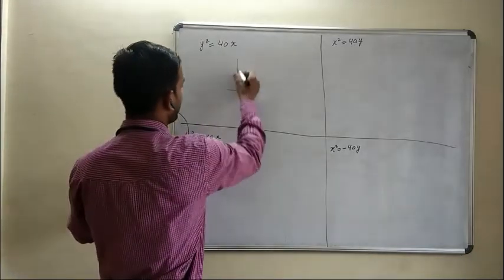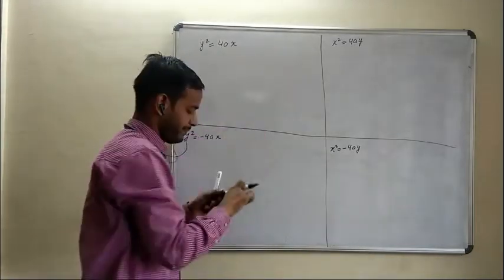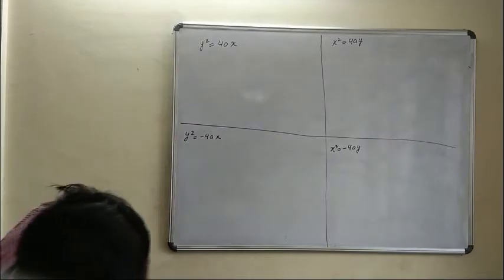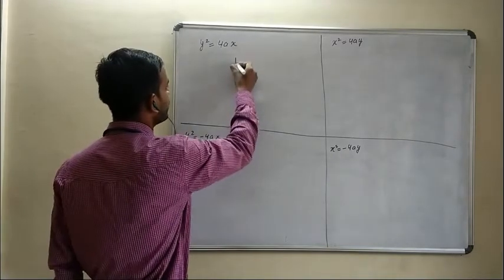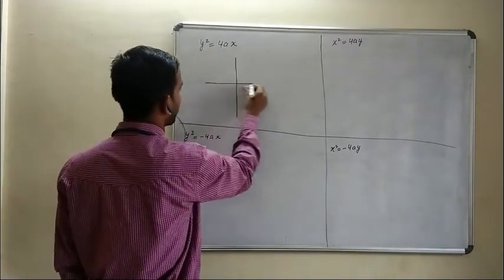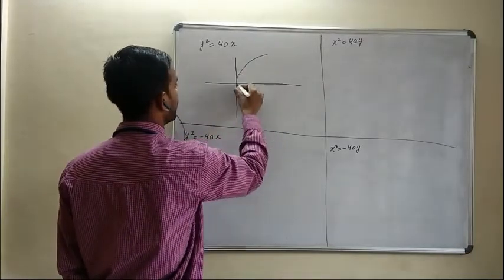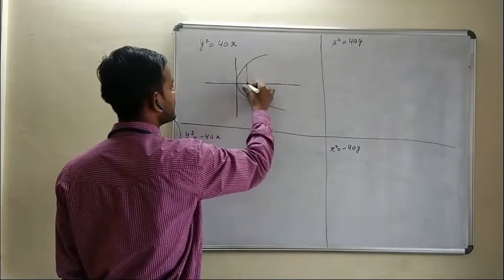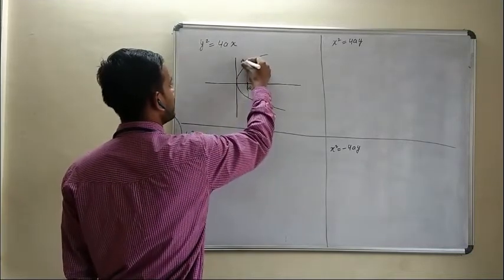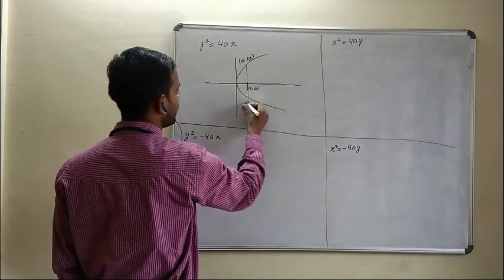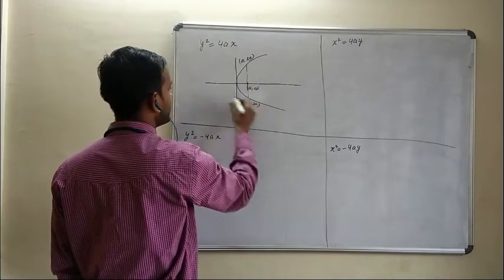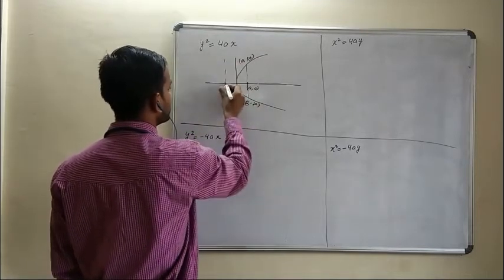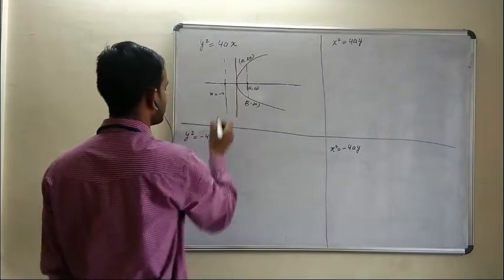Okay, let us trace the graph and see how parabola looks like. This parabola we already studied. So here this focus is a comma 0, its extremities are a comma 2a, a comma minus 2a, and its directrix is x is equal to minus a.